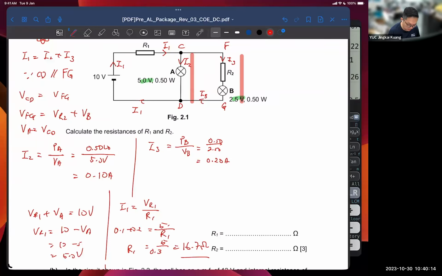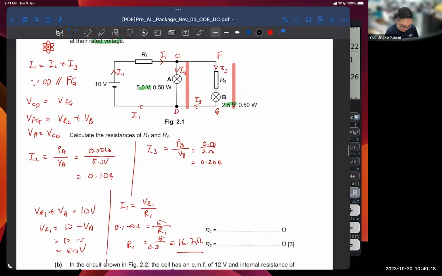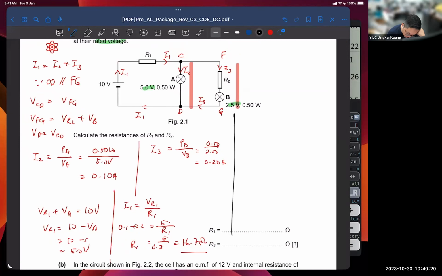Then I think it's a bit messy. I should just continue in black color on this side. Then I need to find VR2. I know that VR2 is equals to VFG minus VB, which is 5.0 minus 2.5. This is 2.5 volts.